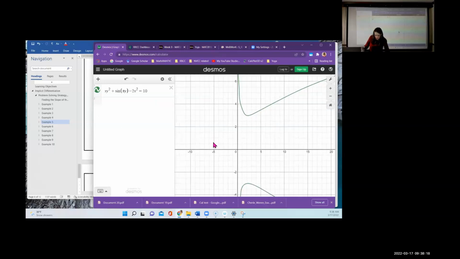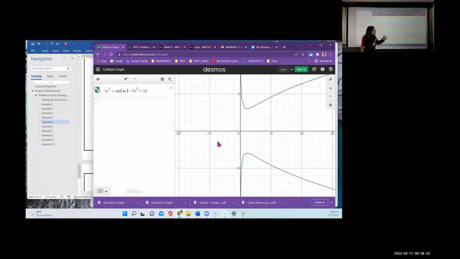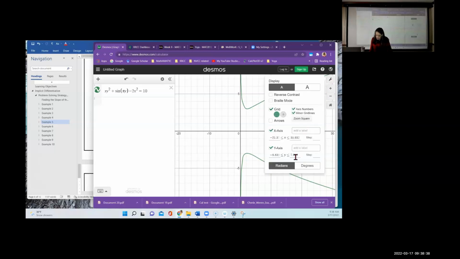All right, so here is our graph. It's got some kind of weird change in curvature that's going on right in this section right here and right in this section right here. But at any rate, we can see the graph. Let's try blowing up the graph a little bit as far as the y-axis goes.